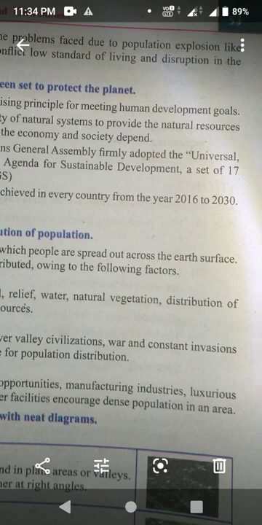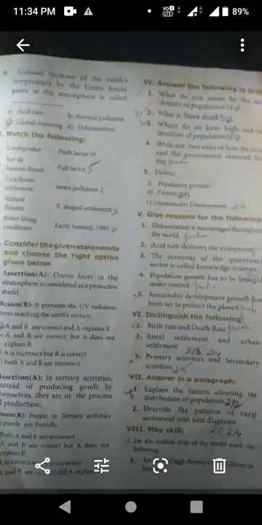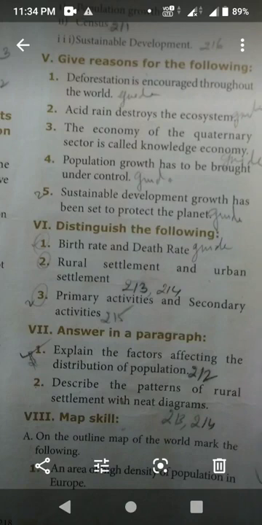Next one, distinguish the following. Roman number 6, distinguish the following. That one already I have given. These are all the questions you have marked, isn't it? Birth rate and death rate, from the guide I have given. Rural settlement and urban settlement.